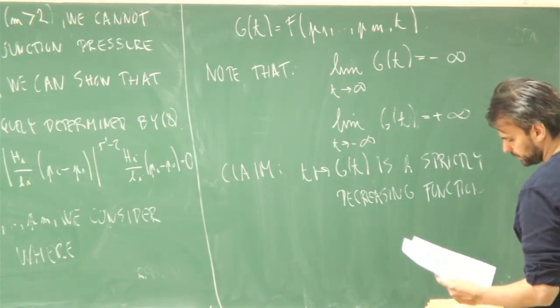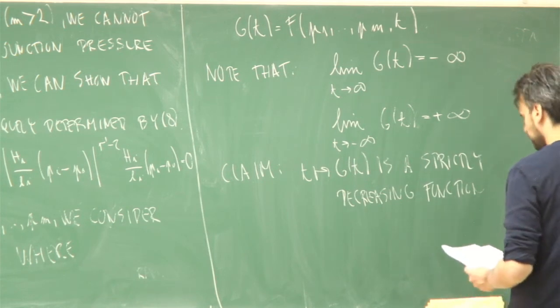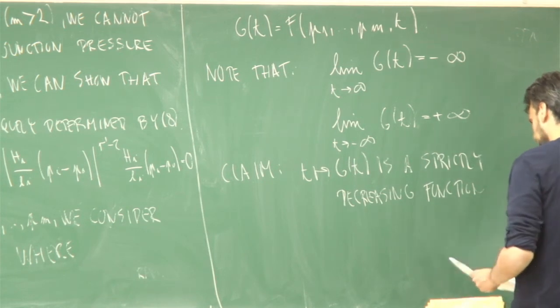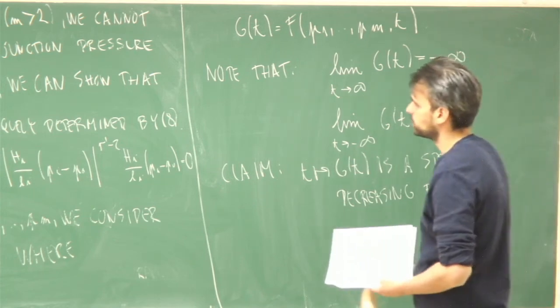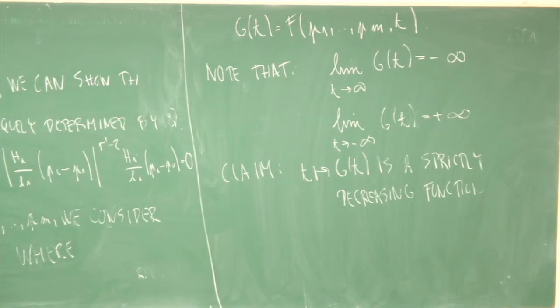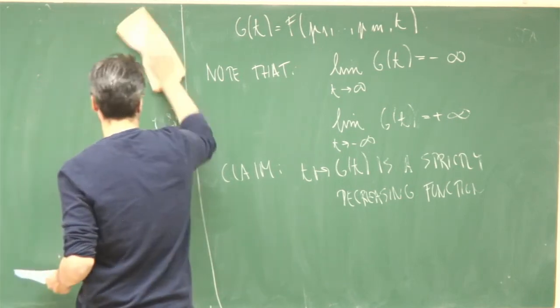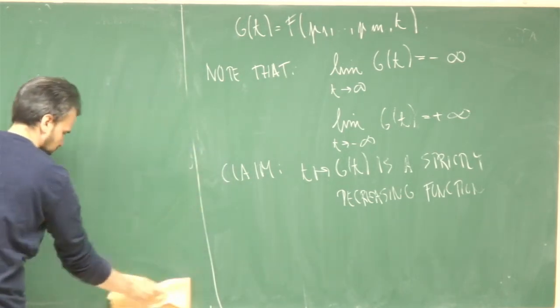If we prove this and you have this asymptotic behavior, then we conclude that there exists a unique p0 such that g of p0 is equal to 0, and you have your p0 uniquely determined by this implicit equation.